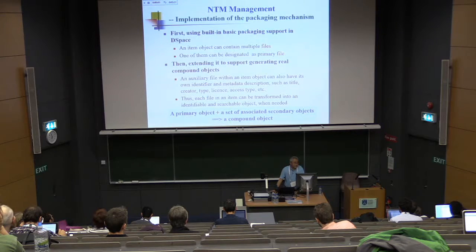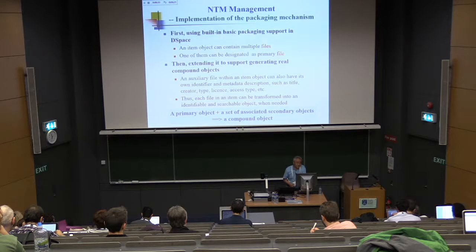For the implementation mechanism in CSpace, first we use the built-in basic packaging support. In CSpace, an item object can contain multiple files, not objects. One of them can be designated as the primary file. These files cannot have their own metadata; they are just files in a package. Then we extended this mechanism to support generating real compound objects.